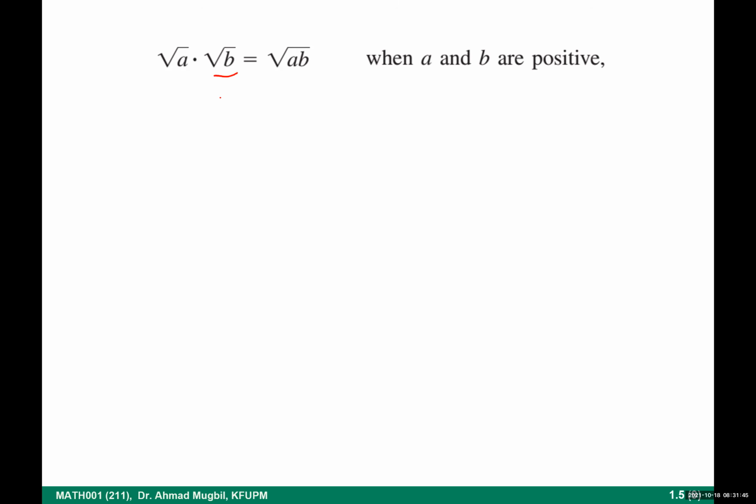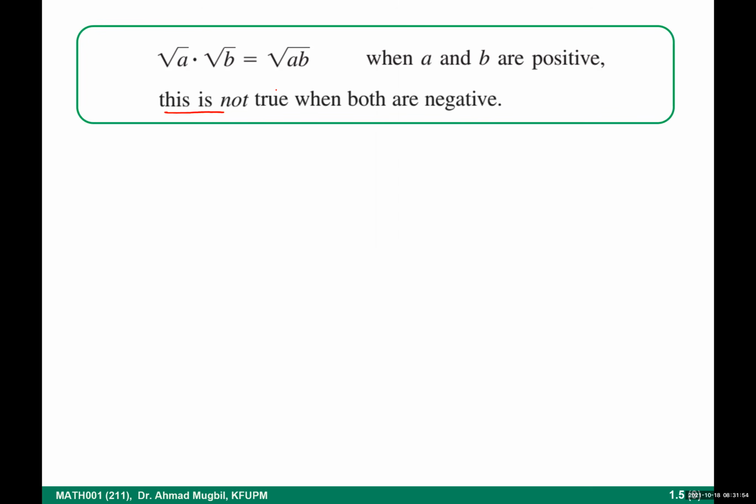Now, when we are in the complex number system, we have no problem, but it is still also not true. We will see that. It is not true when both are negative. If one of them, by the way, is negative, it works. We will see that together.